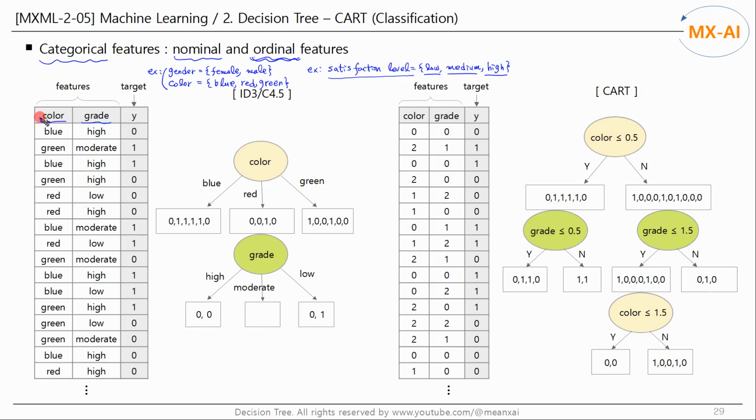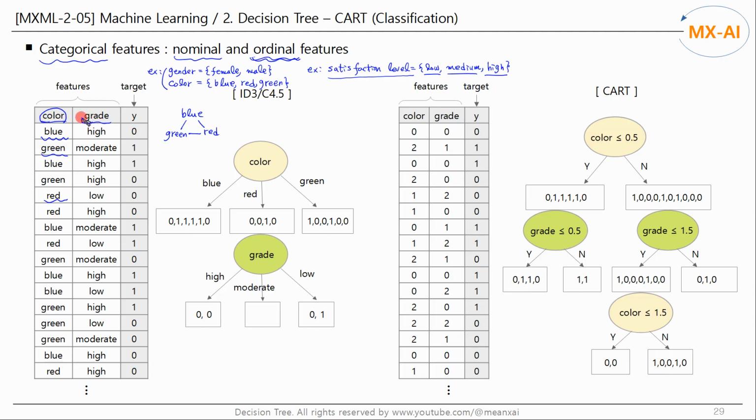In this dataset, the color feature is a nominal variable and is classified into one of blue, green, and red. These colors are independent of each other and have no order. So it cannot be said that one is larger or smaller than the other.